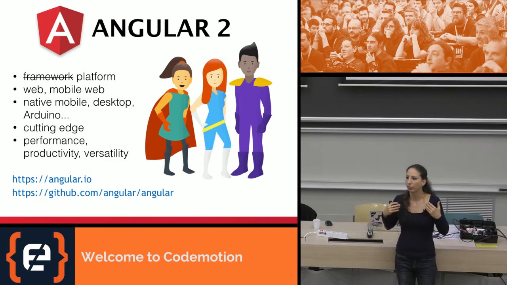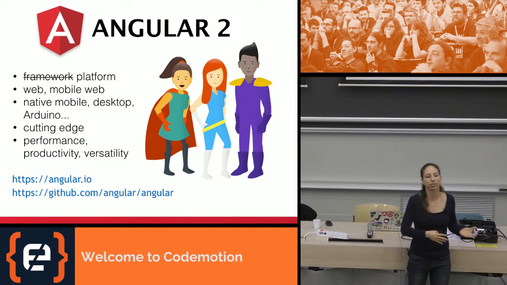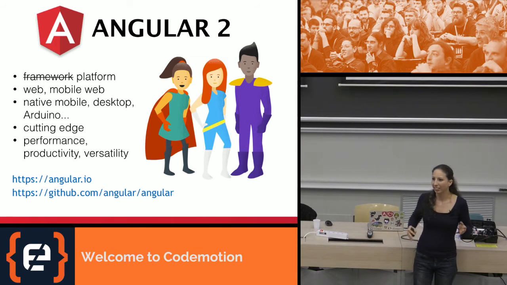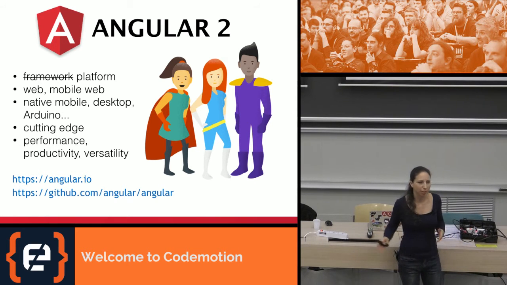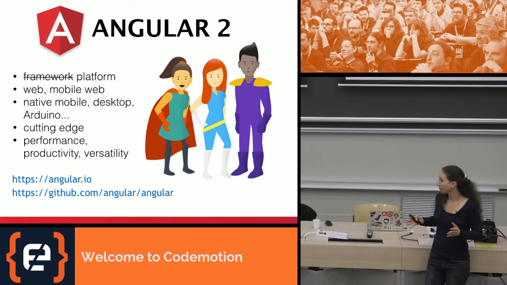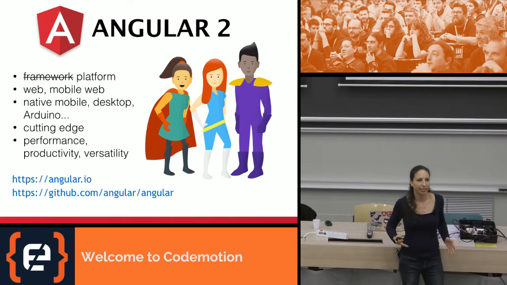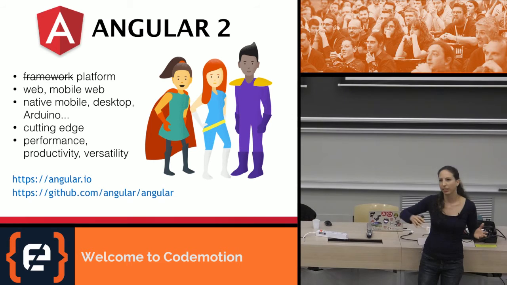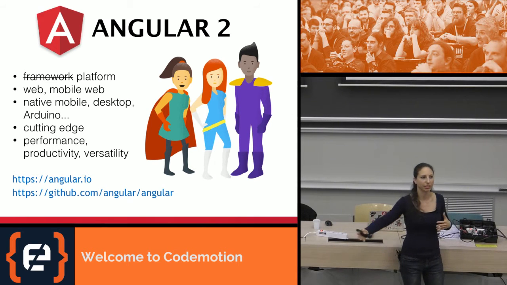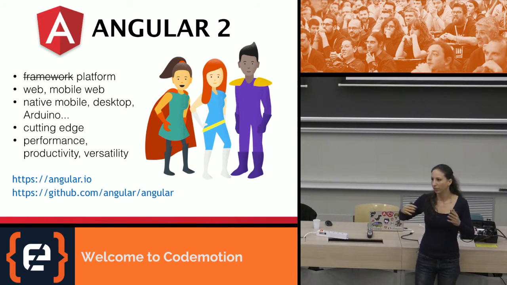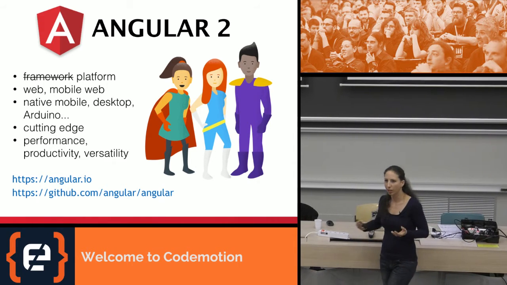So it is really easy to learn, and we can concentrate on just developing our great application and not writing too much boilerplate. And versatility. Like I said, you write once and it applies to different platforms, to mobile, desktop, and so on.